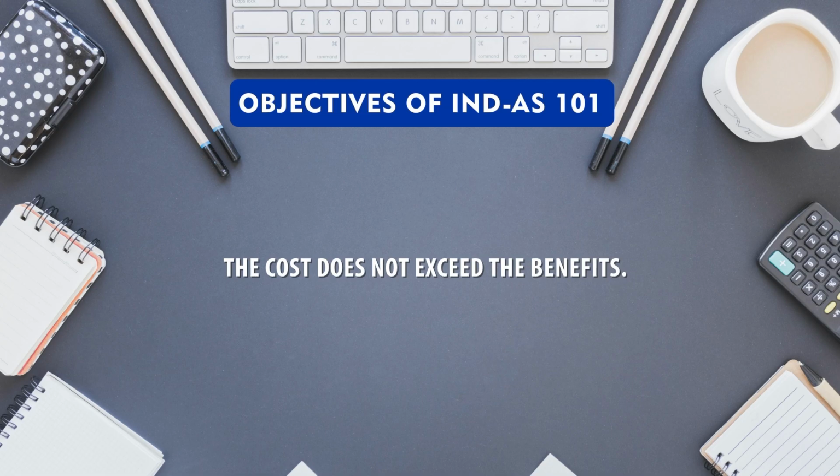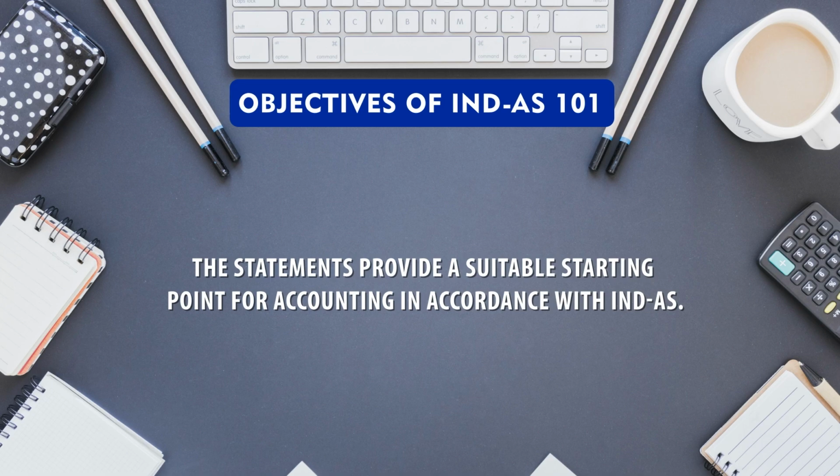So IND AS 101 states that in any case the cost incurred on anything does not exceed the benefit, otherwise it will defeat its purpose. The next one is that the statements provide a suitable starting point for accounting in accordance with IND AS.